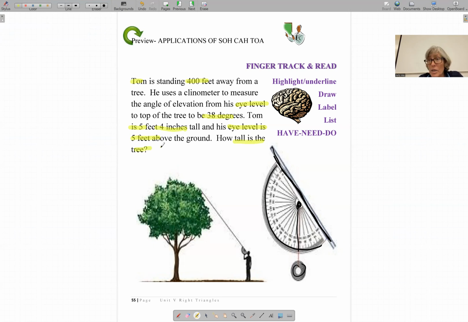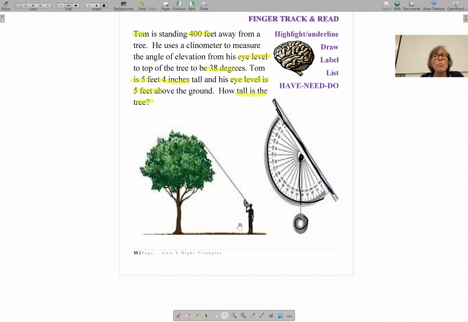So as you take each item, cross it out in the original problem. We're under draw, label, list, cross out. So here's Tom, 400 feet away. He uses a clinometer, so he has a device at his eye level to measure an angle of elevation.